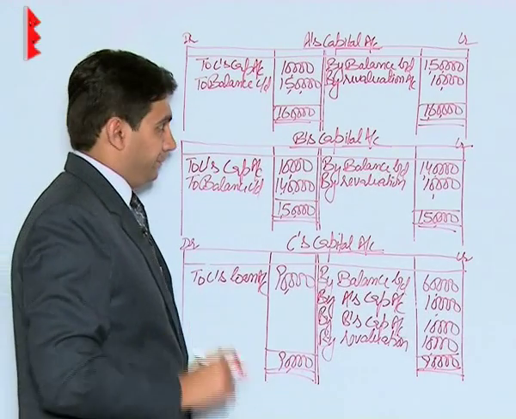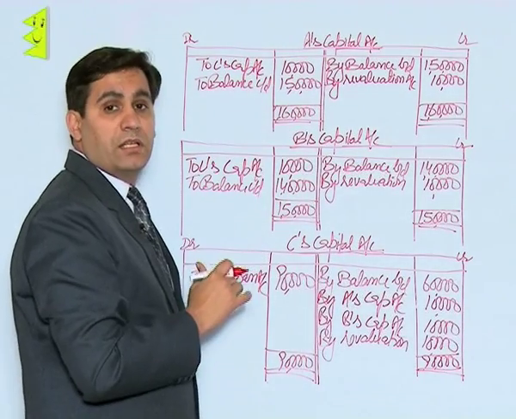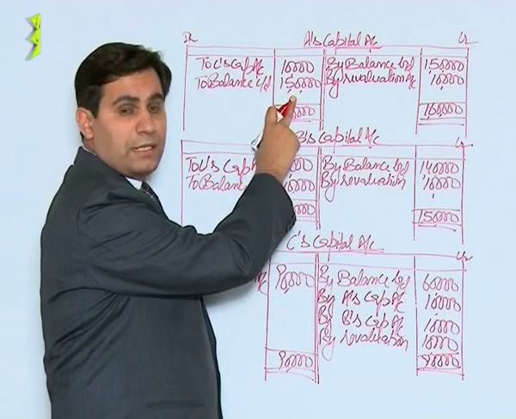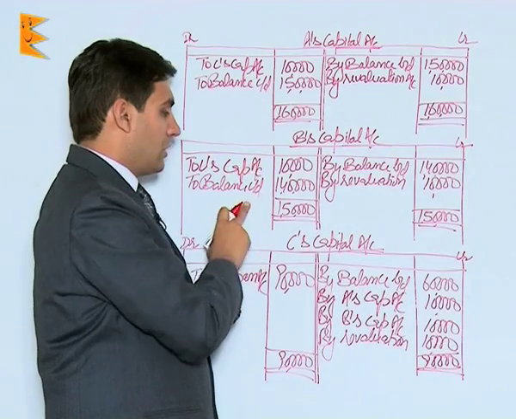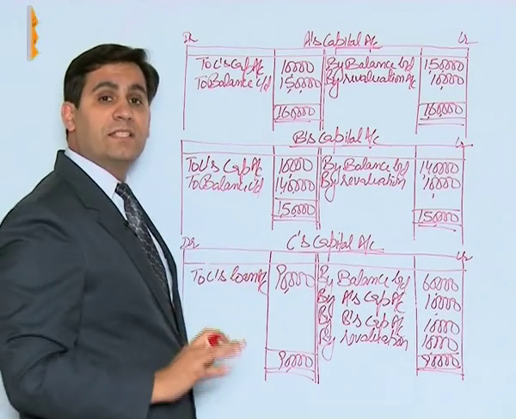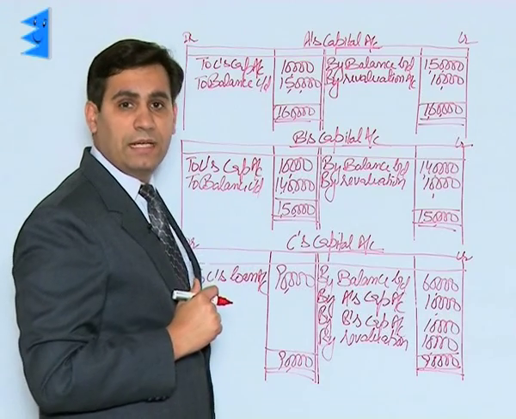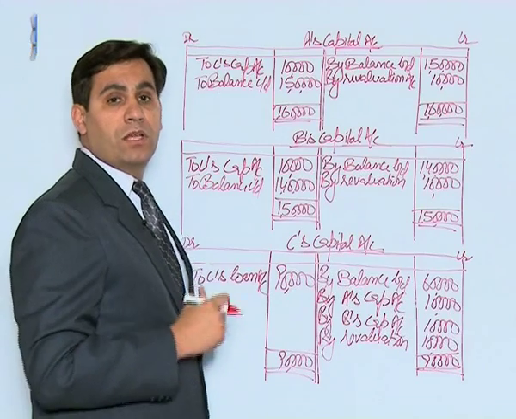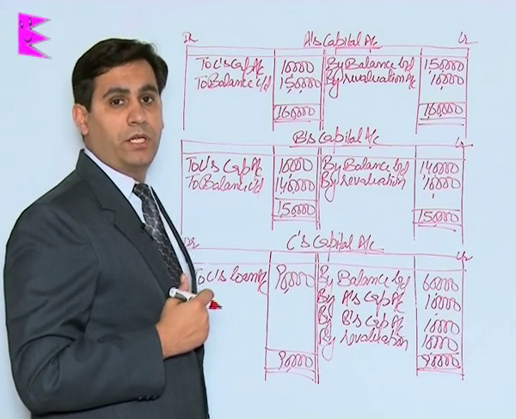Now remember, while preparing the new balance sheet, capital account of A will show a balance of 1,50,000, that is the closing balance. B would show a closing balance of 1,40,000, but there will be no capital account of C as he would have retired from the business by that time. Only a loan balance of 90,000 would appear on the liability side of the balance sheet.